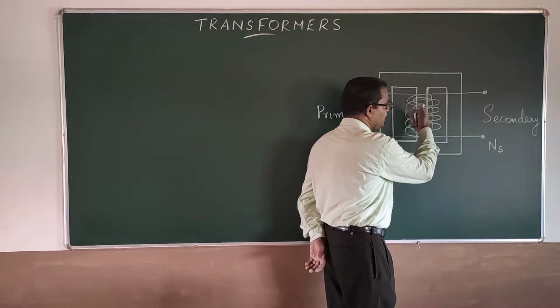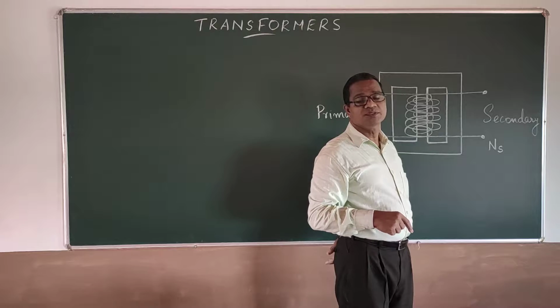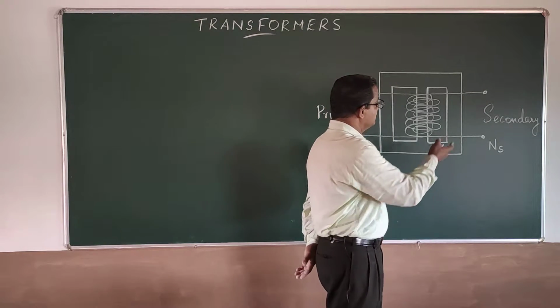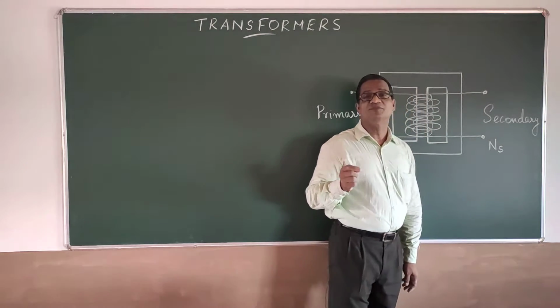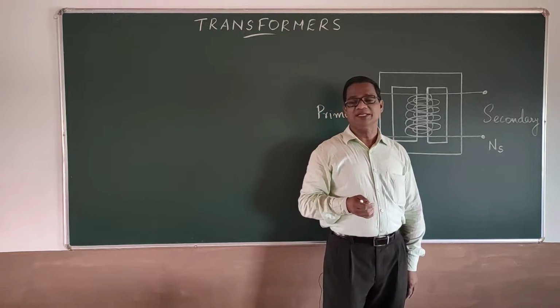And on that primary winding there is another winding done using laminated copper wire again, and that winding is considered as the secondary of the transformer or the output of the transformer.